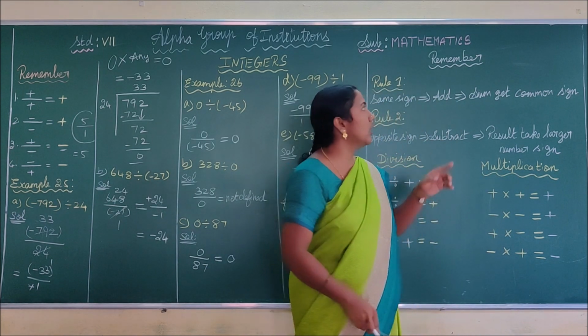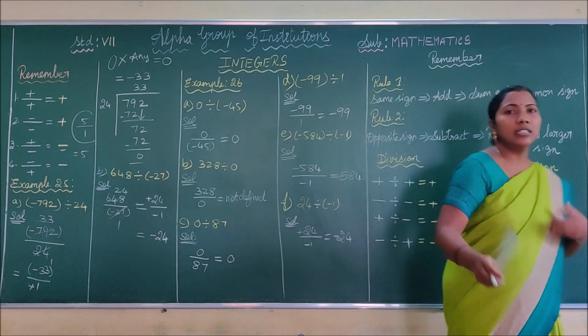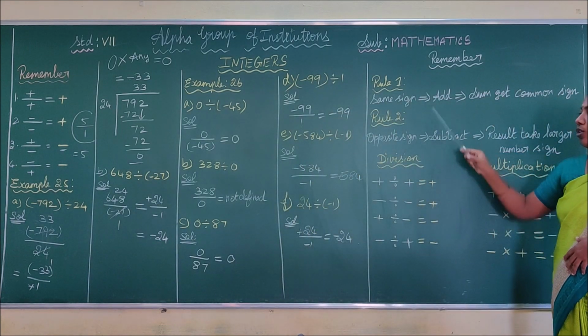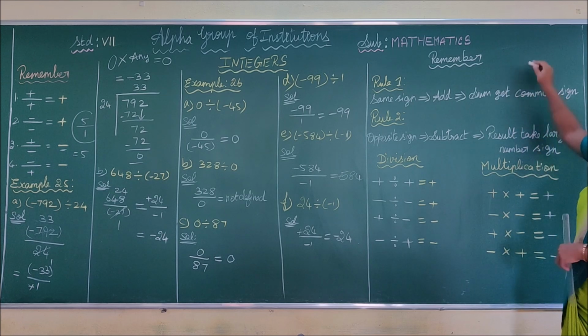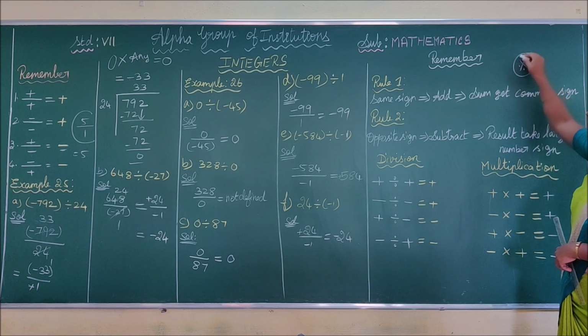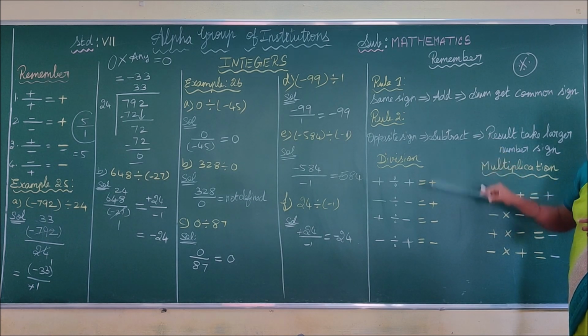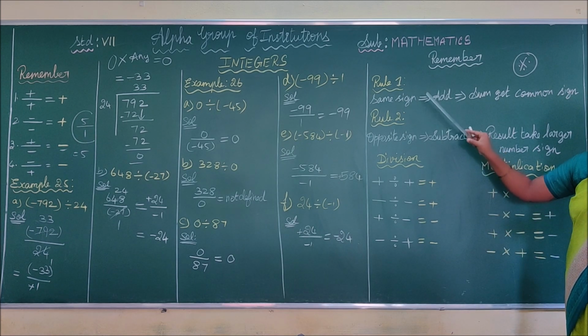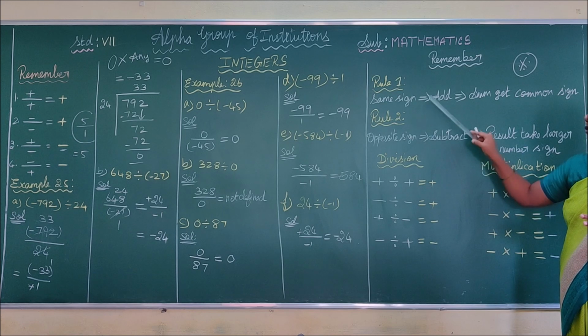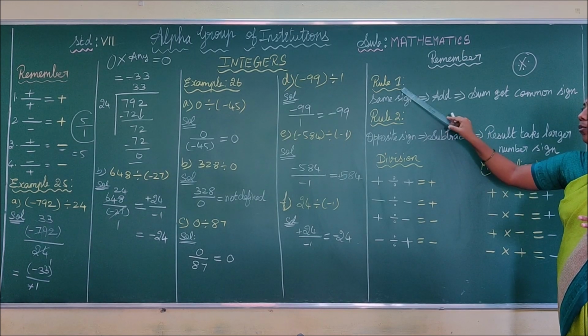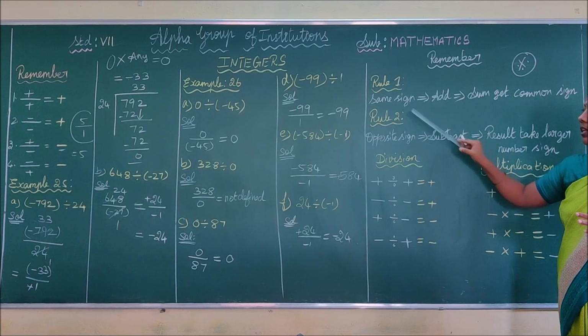It's clear, children? So far we have seen all the 4 fundamental operations of integers, that is addition, subtraction, multiplication, division. For all these operations we have to remember this thing only. Don't forget, this is very important, children. You have to keep it in your mind always. Once again I am going to explain this. Listen carefully. For addition and subtraction you have to follow rule 1 and rule 2. What is rule 1?